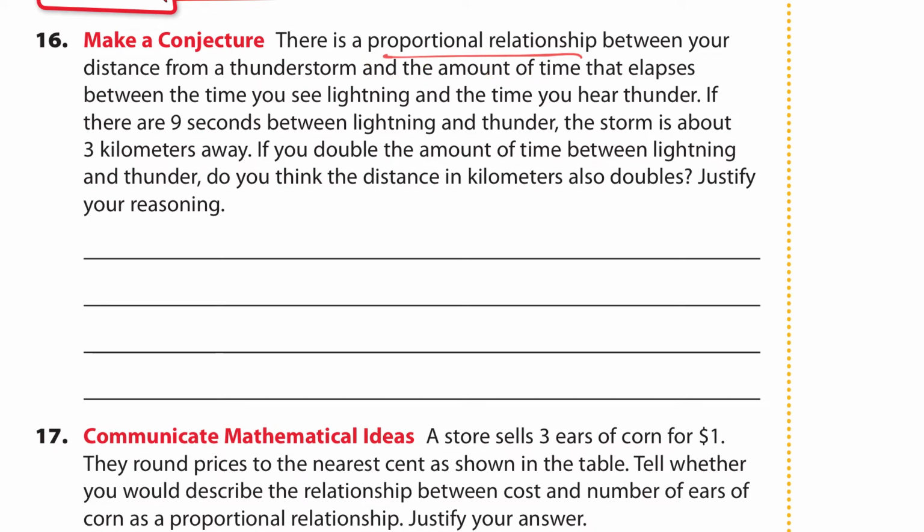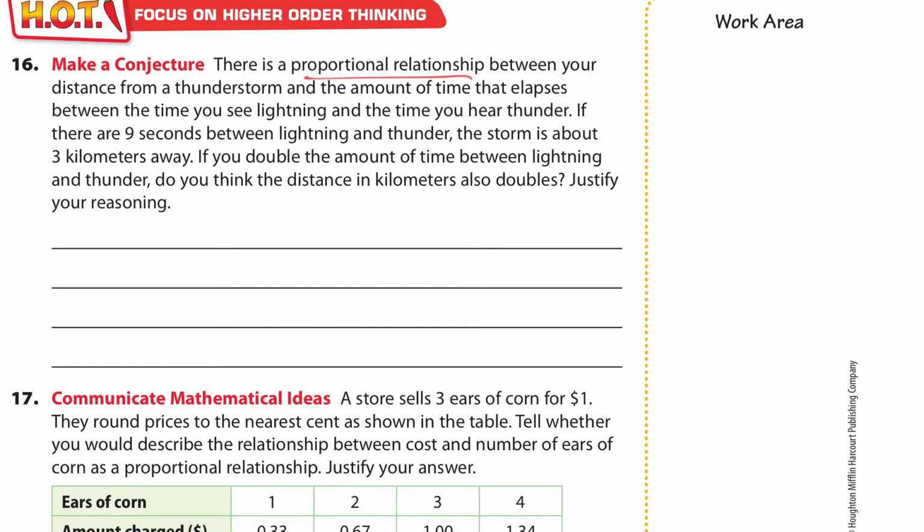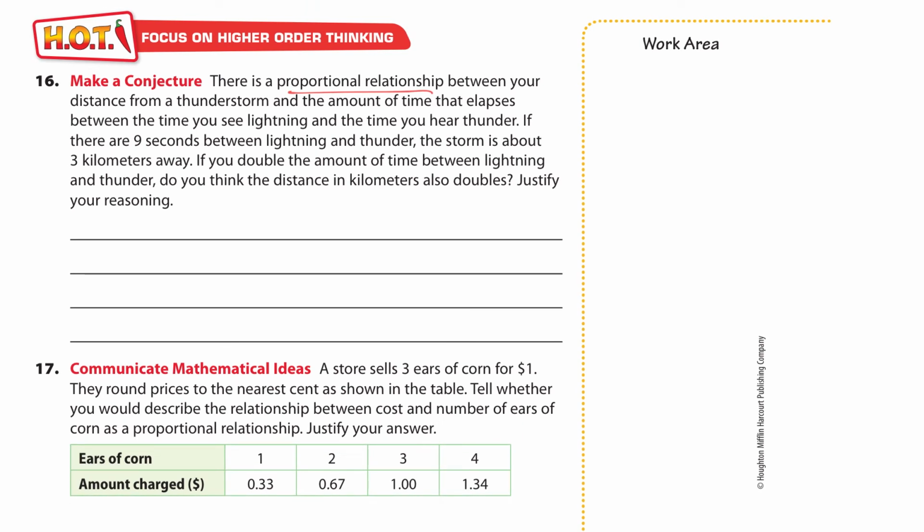Well, the fact that they told us it's a proportional relationship means we can make a proportion out of it. So if there are 9 seconds for every 3 kilometers, and they say it's proportional, then if you double the amount of time to 18 seconds, would the distance double? Yes, it would, because it has to be proportional. So if you double this, you have to double this to keep it proportional.